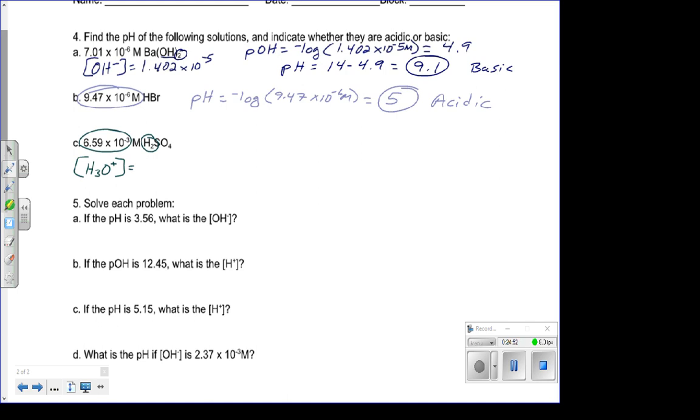And that is 0.01318. And the negative log of that is about 1.9, which would make it acidic.